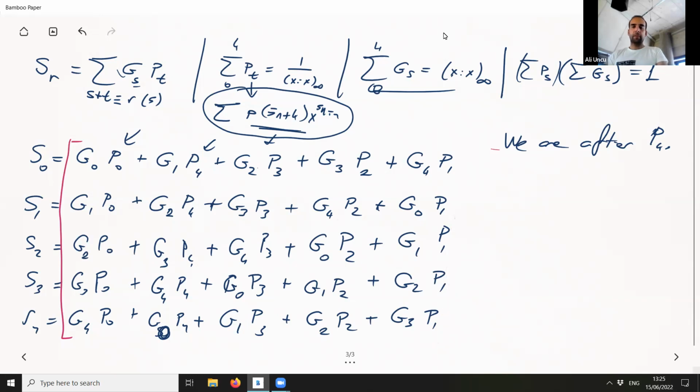So let's think about the first one. S0 are all of these pieces of GP products where you have x to the power 0 modulo 5 type exponents. So in the multiplication of these, and I know the outcome of the multiplication, what terms have 0 modulo 5 exponents?